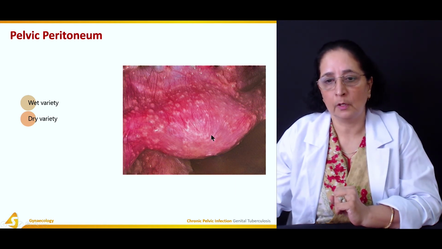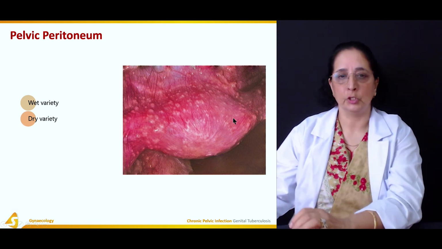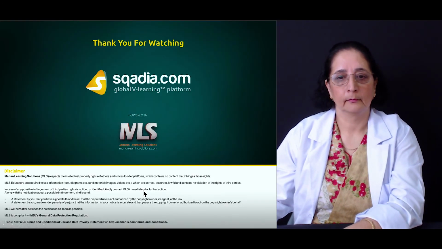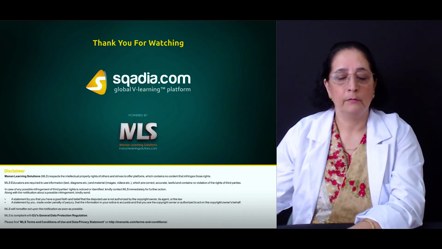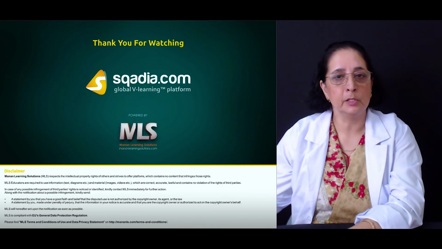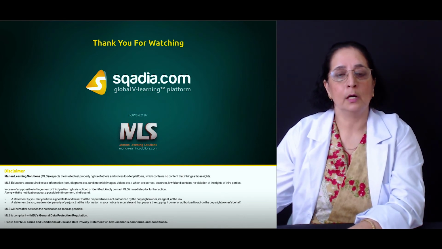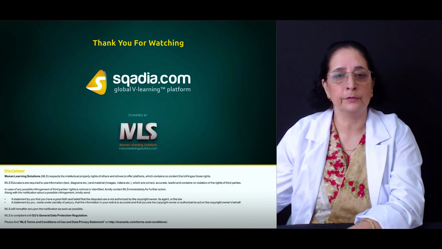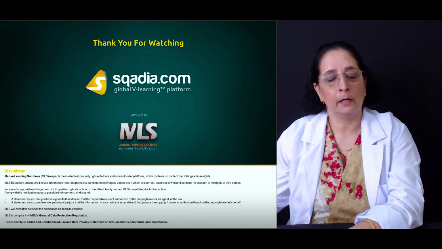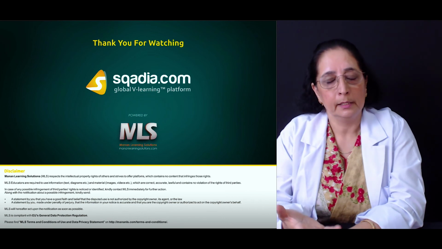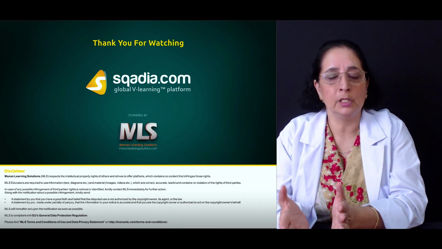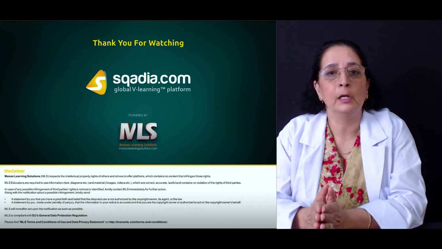These are small granules present, miliary tuberculosis of the fallopian tube. So that was all about genital tuberculosis. We talked about how genital tuberculosis can spread, what the different modes of transmission of tuberculosis are, and what the representation of genital tuberculosis is if it involves the uterus, peritoneum, cervix, or the fallopian tube.